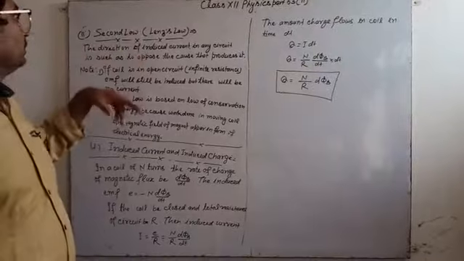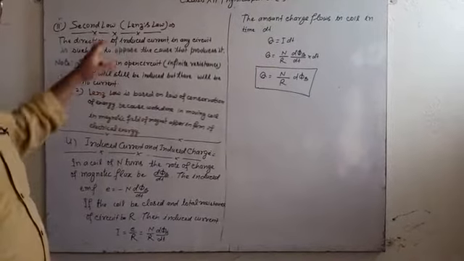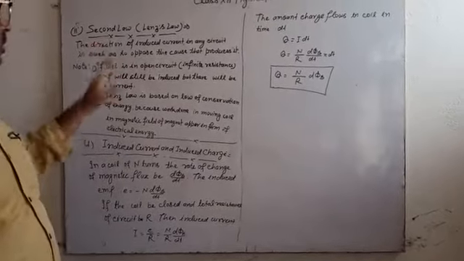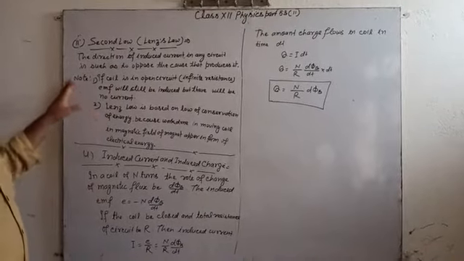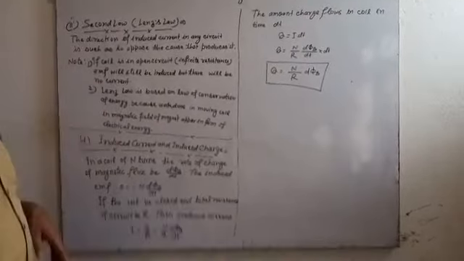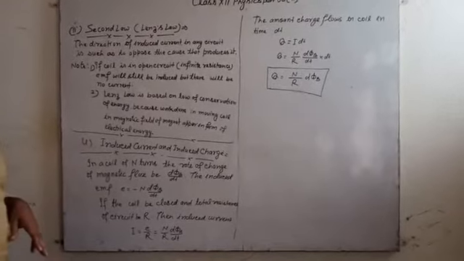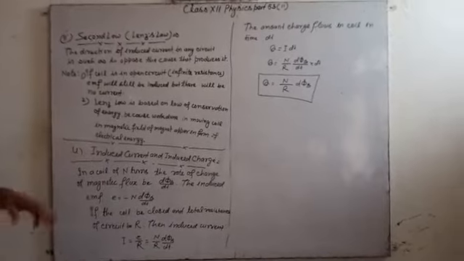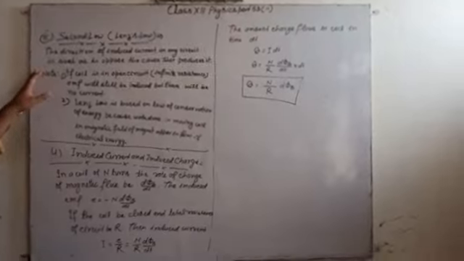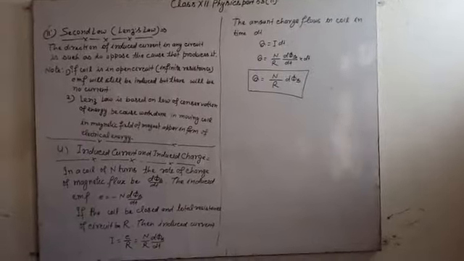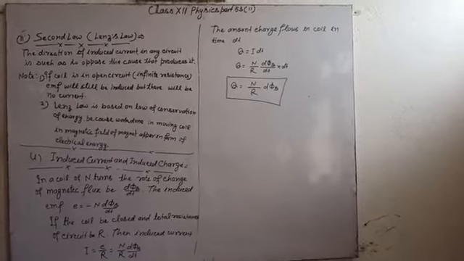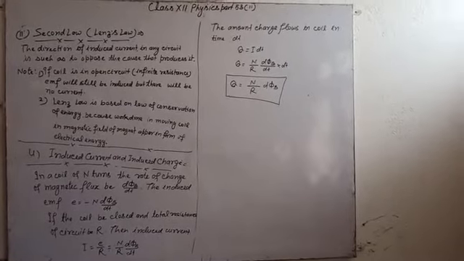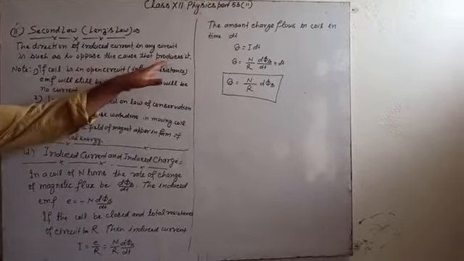The second law is also known as Lenz's law or Lenz's rule. The direction of induced current in any circuit is such as to oppose the cause that produced it. It means the direction of induced current is always such as to oppose the cause that produced it.